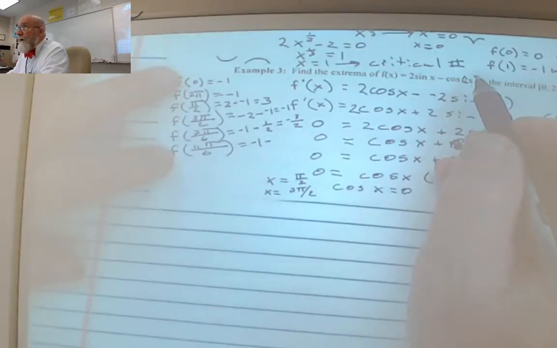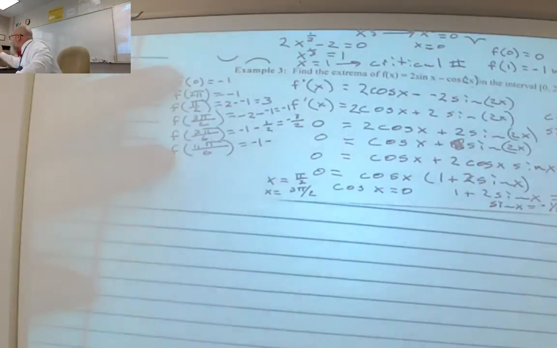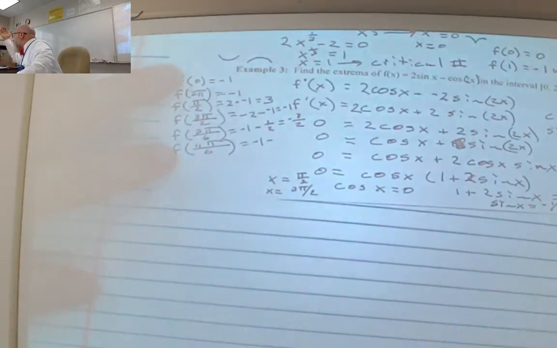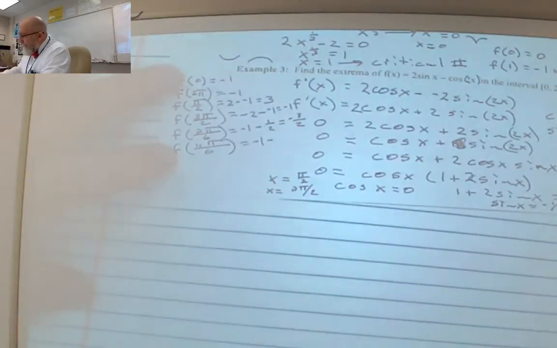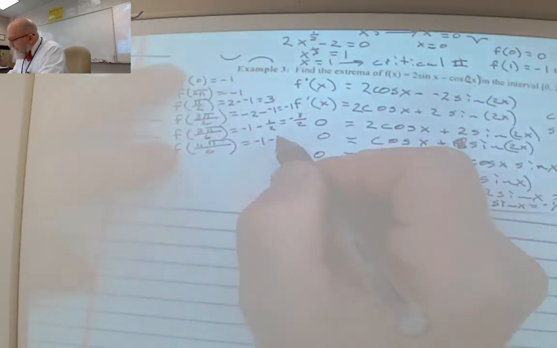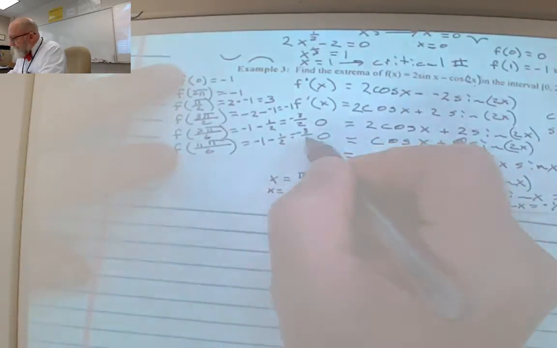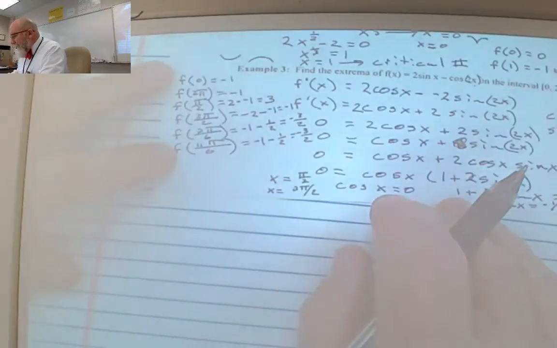Isn't that the same location? So 11 pi over 3 is in the fourth quadrant, correct? But cosine is the same in the first and fourth quadrant because it's x. So it's the same as pi over 3. Do I know the cosine of pi over 3? Well, I just did it. 1/2. What am I going to get? Negative 3/2.